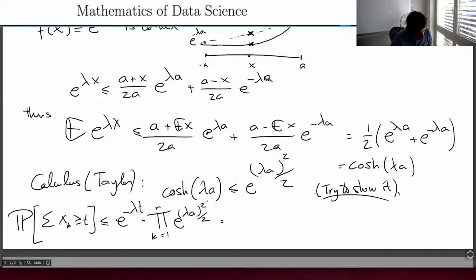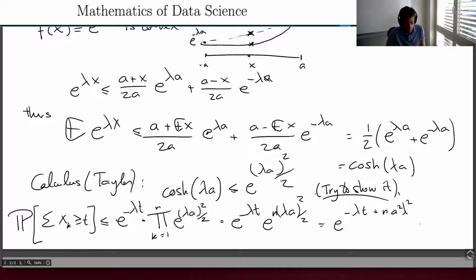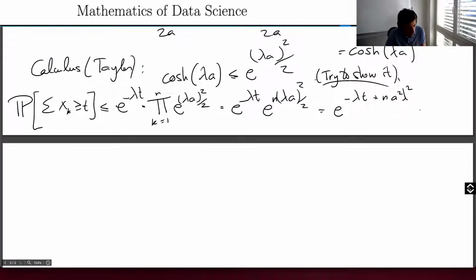But what is this? This is all the same, so it's n times. So all I have is e to the minus lambda t times e to the n lambda squared a squared over 2. So this is equal to e to the minus lambda t plus n a squared lambda squared over 2. Same game as before. Now pick the optimal lambda.